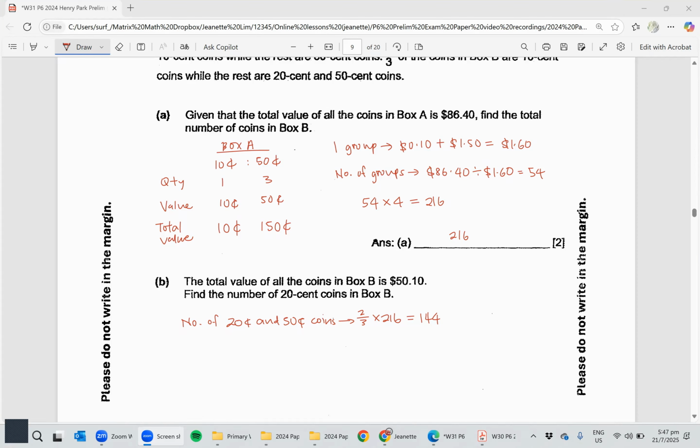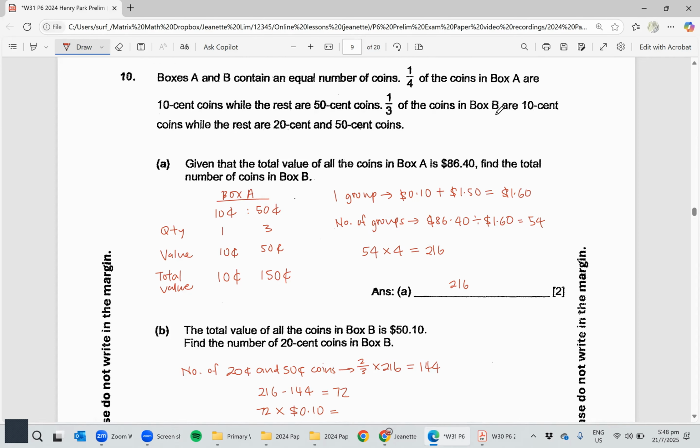Okay, wait, sorry. You need to find the value of the 10-cent coins and we remove it from 50.10 first. So number of 10-cent coins would be 216 minus 144, which is 72. 72 10-cent coins, 1/3 are 10-cent coins.